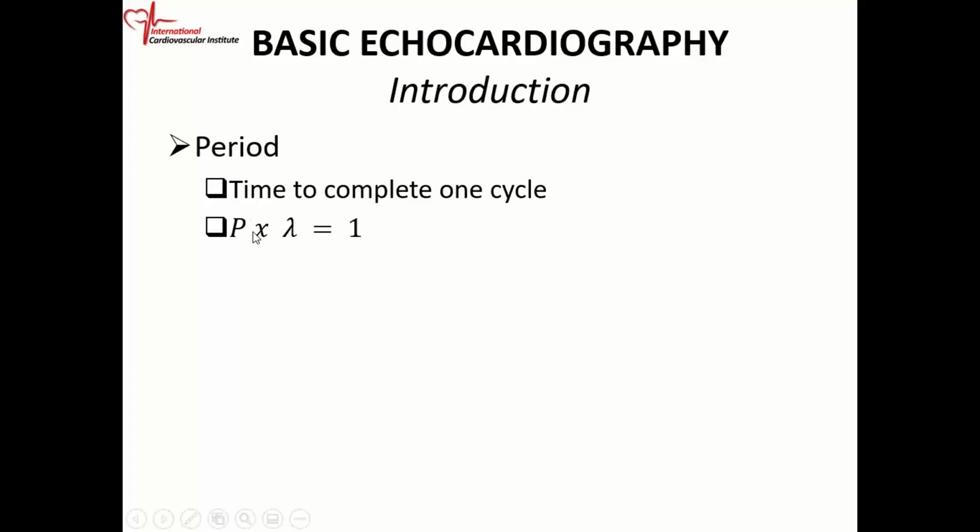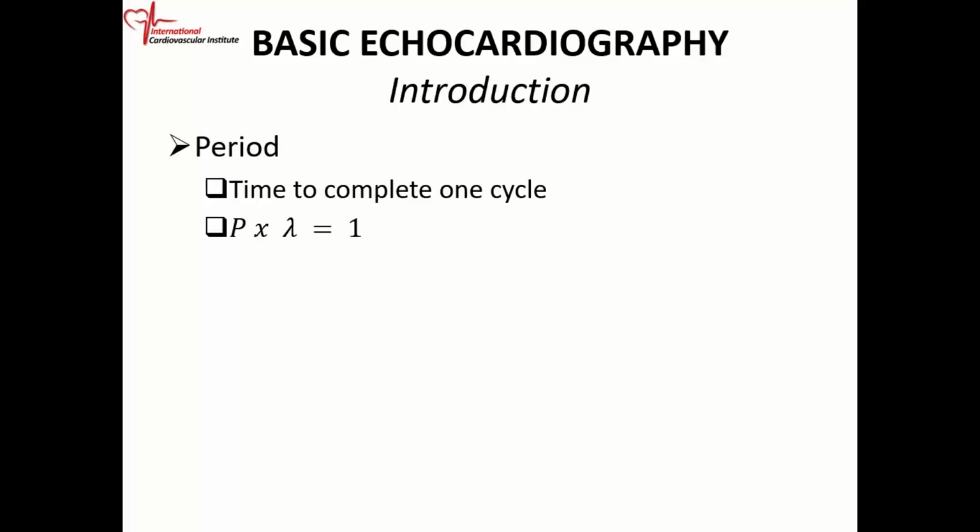Another important thing to remember is that period times wavelength is equal to 1. If you think about it again, the time to complete one cycle is what we call the period.